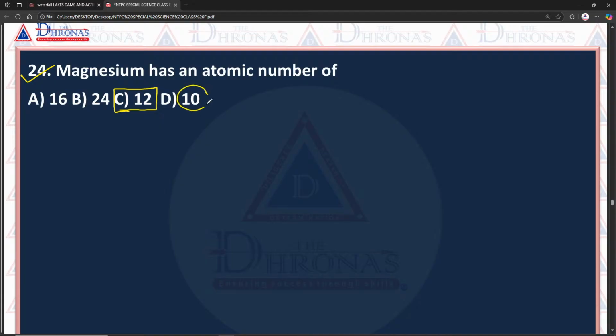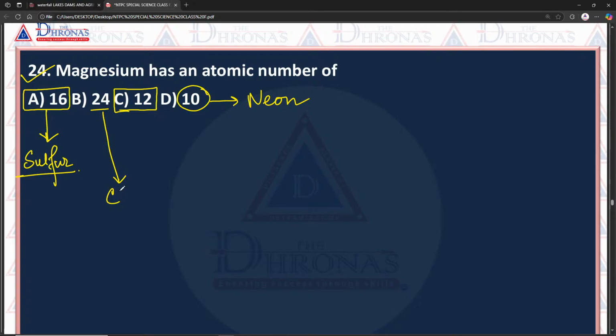No, 10 is the atomic number of neon, a noble gas. Atomic number 16 is sulfur. 24 is for chromium.